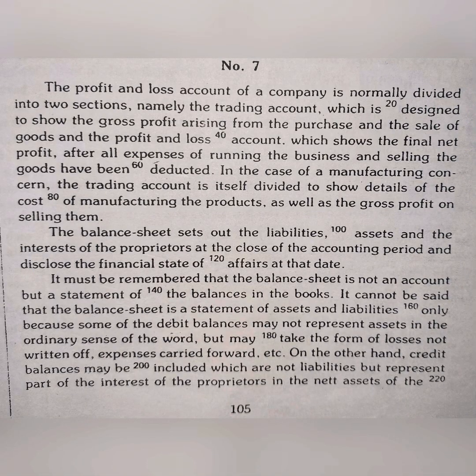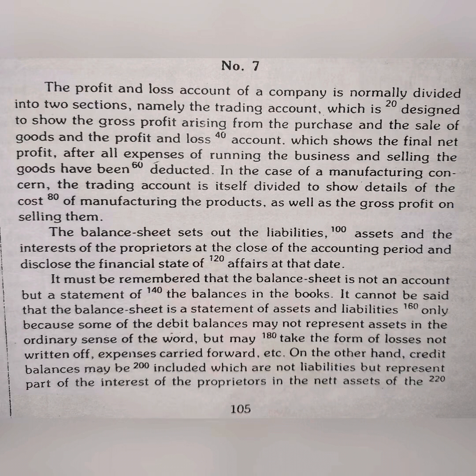The profit and loss account of a company is normally divided into two sections, namely the trading account, which is designed to show the gross profit arising from the purchase and the sale of goods, and the profit and loss account, which shows the final net profit after all expenses of running the business and selling the goods have been deducted.